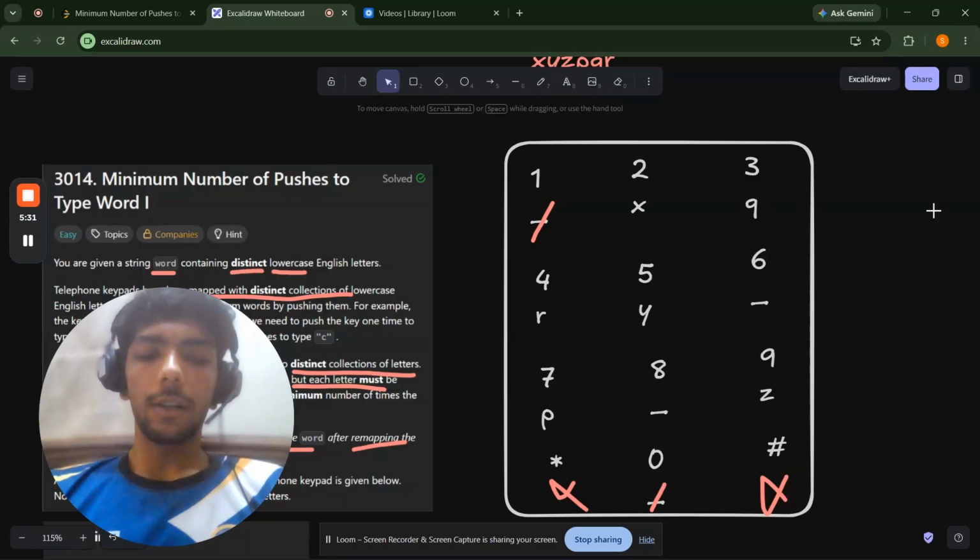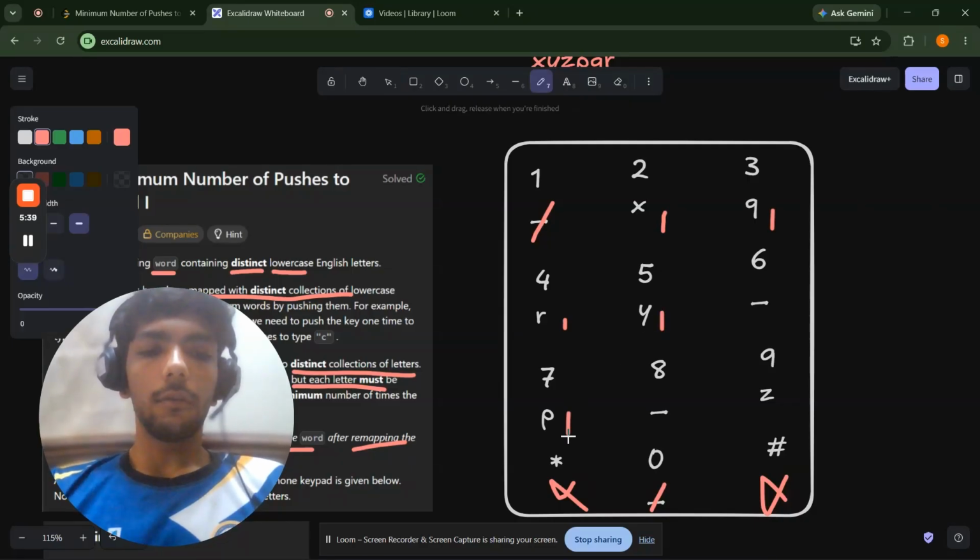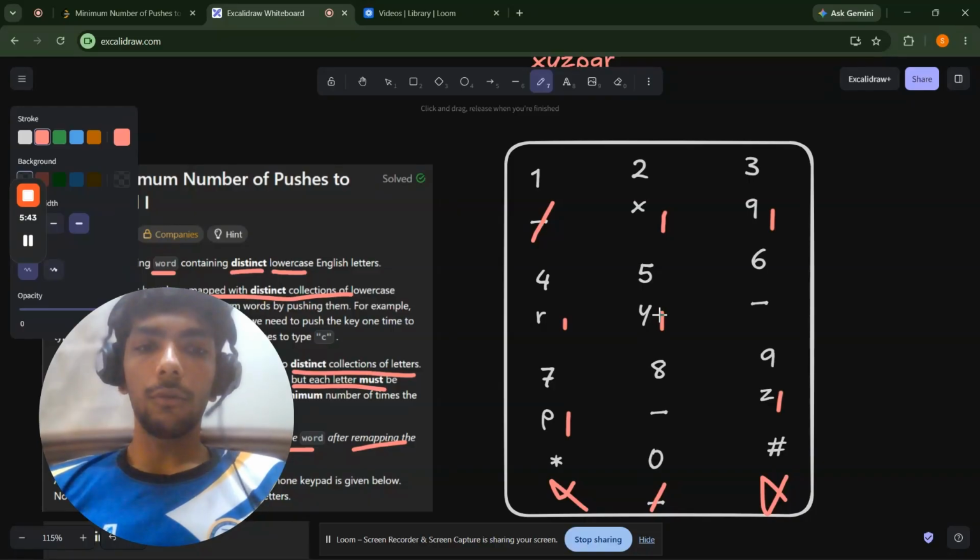So now let's check: 1, 1, 1, 1, 1 and 1. The Q and R which were assigned along with Y required 2 and 3 pushes respectively. Now they need only 1 and 1.